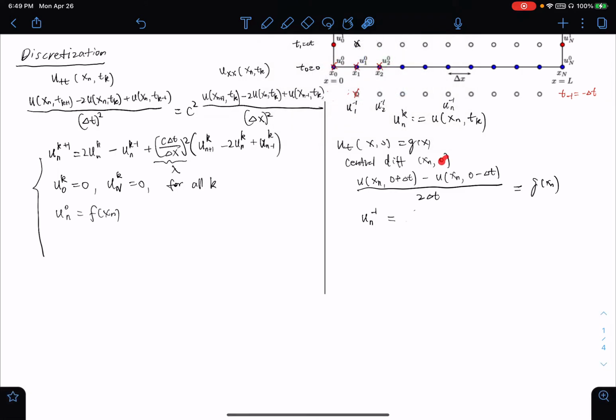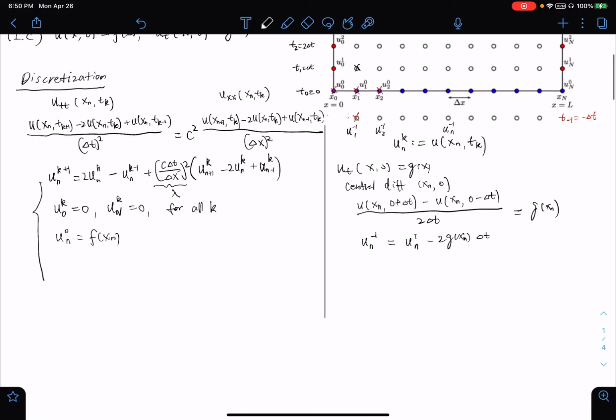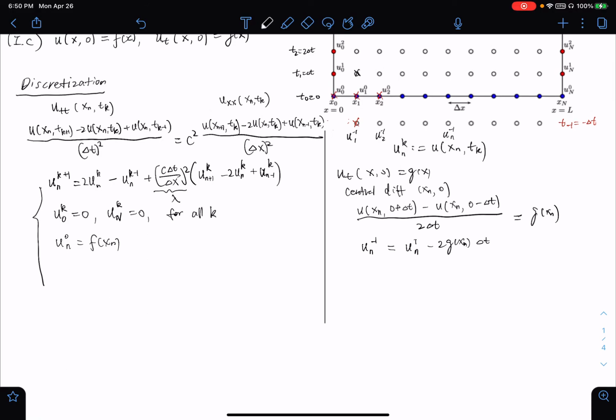We have this will be equal to u_n^1 minus 2 g of xn times delta t. Okay, so we have a relation between these values and these values.